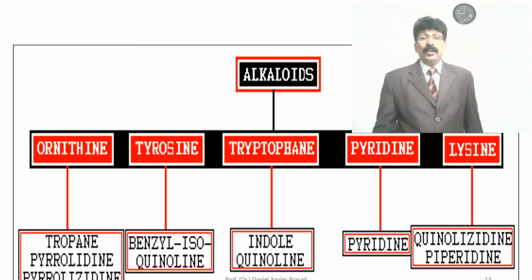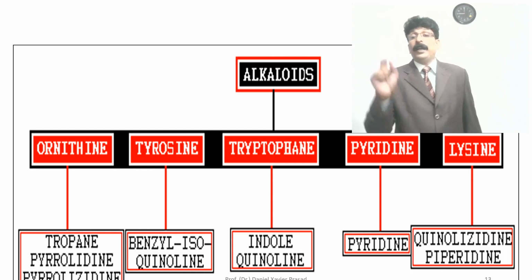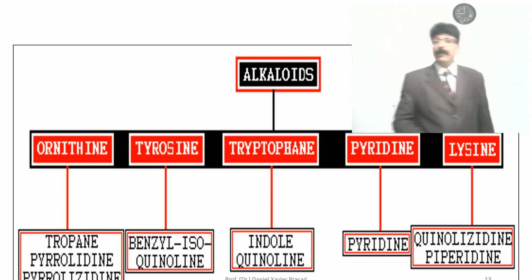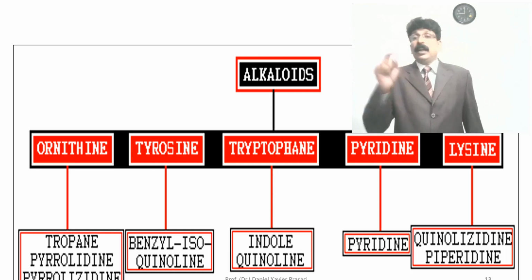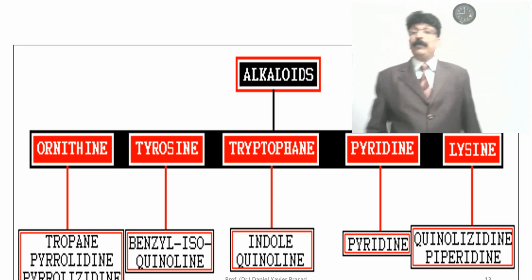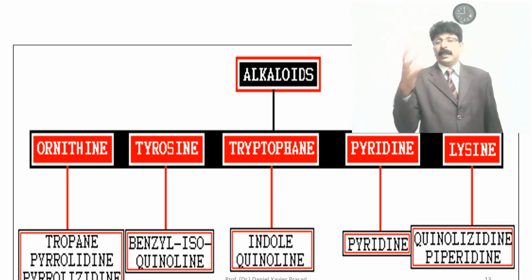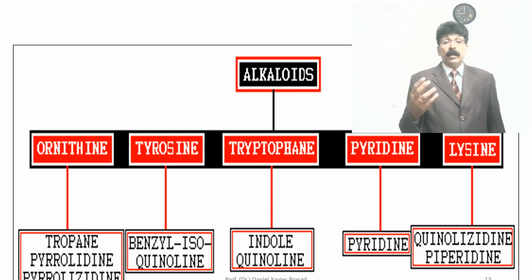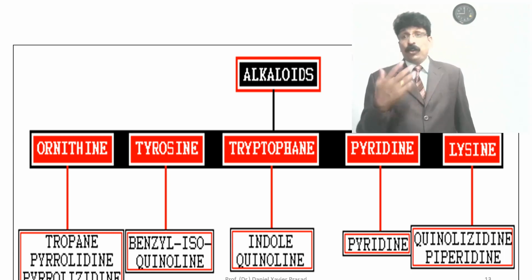You can see that the amino acids ornithine, tyrosine, tryptophan, pyridine and lysine give rise to various alkaloid subdivisions. Ornithine gives rise to tropane, pyrrolidine and pyrrolizidine alkaloids, and tyrosine gives benzylisoquinoline derivatives.